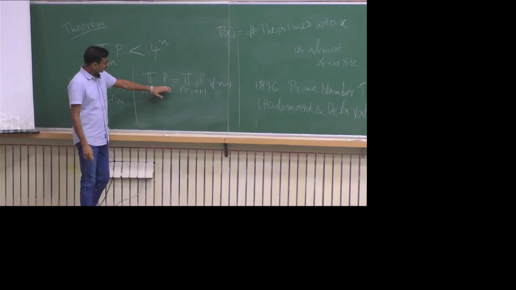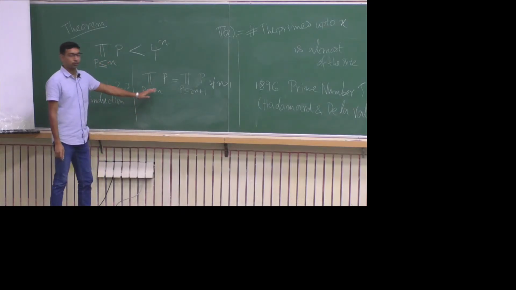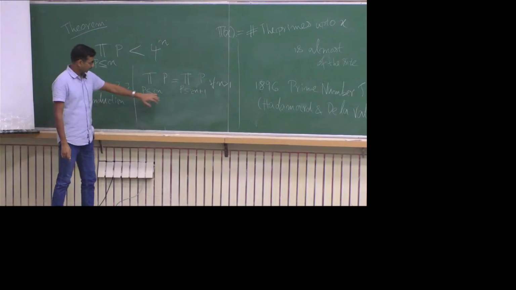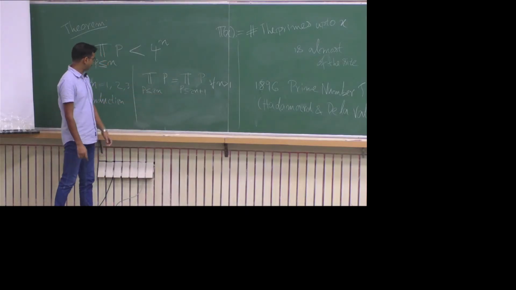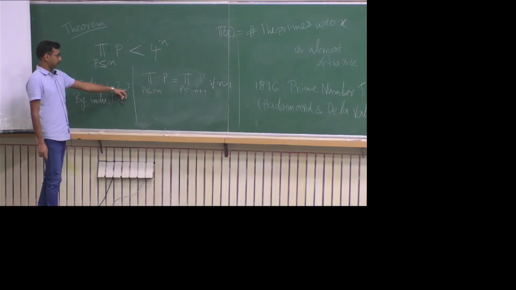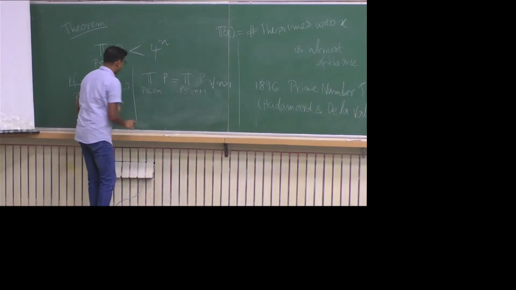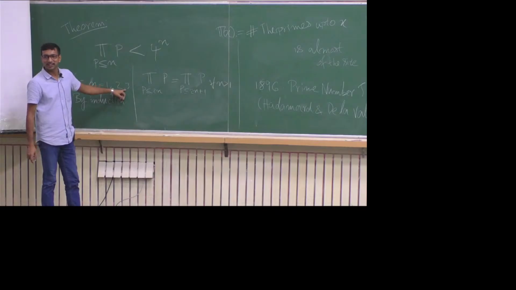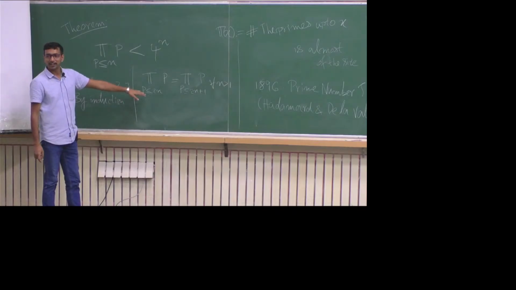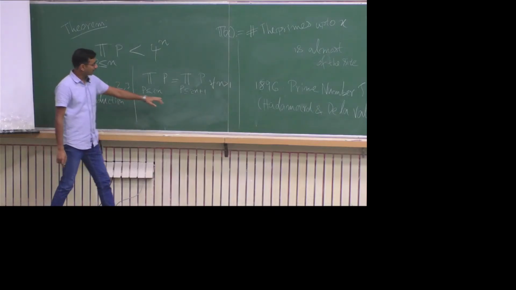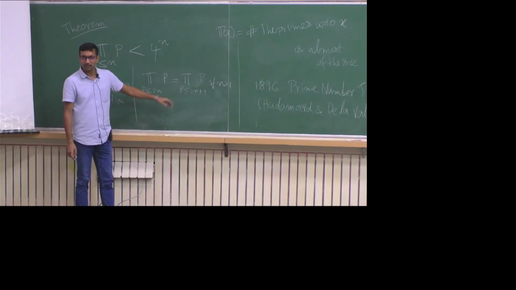Now, suppose it is true for some n larger than or equal to here. So up to what n do we check? We check for n equal to 1, and for n larger than 1 we saw that this is true.